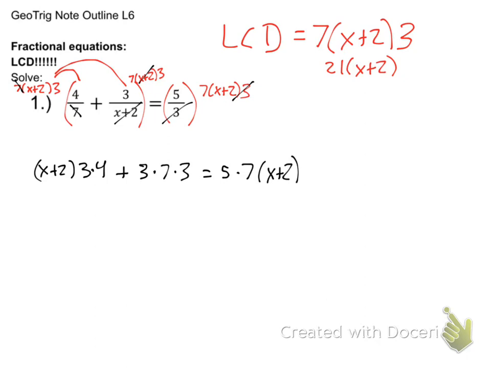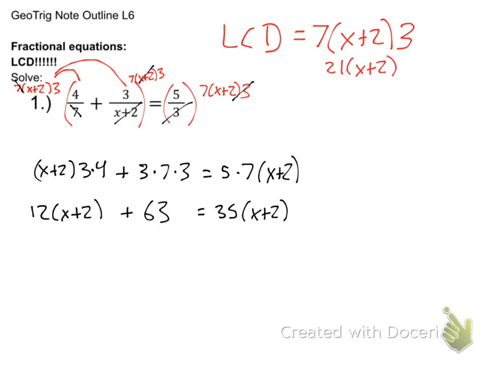So now that we're here, 3 times 4 is? Wow. So I have 12 x plus 2's plus 3 times 7 times 3, which is 63, equals 5 times 7, 35 x plus 2.